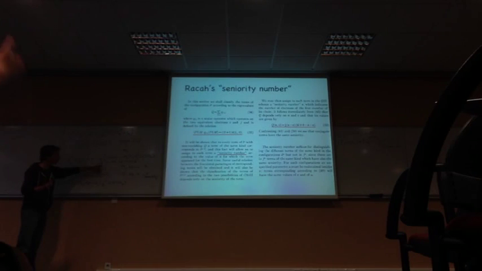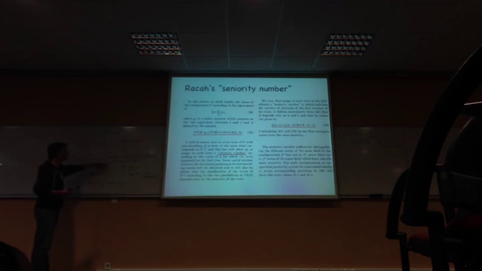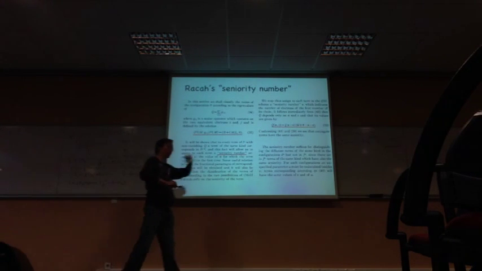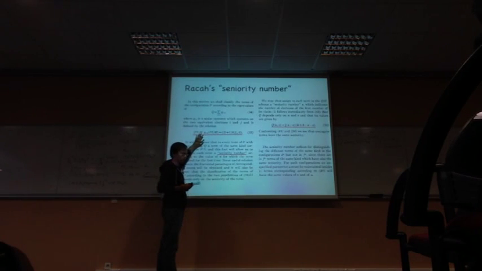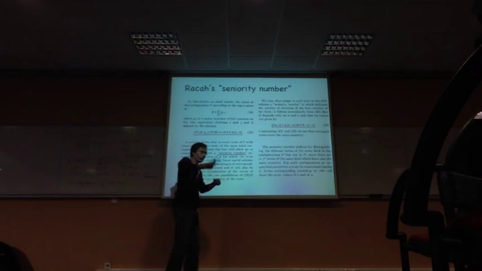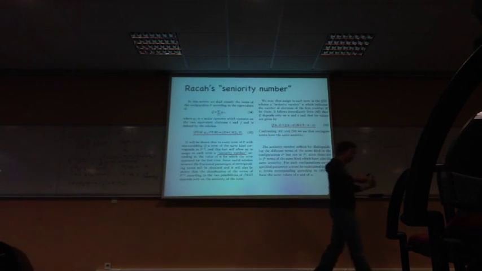Remember, for an attractive pairing interaction, G is positive, and then the lowest eigenvalue you will obtain is if the seniority is 0, or 1 for an odd mass particle. So the low seniority states are at low energy, and that is much more useful actually than in the atomic case where you have a repulsive interaction. So, although it is not a good approximation to the Coulomb interaction, Racah used it to classify states. It's a classification.